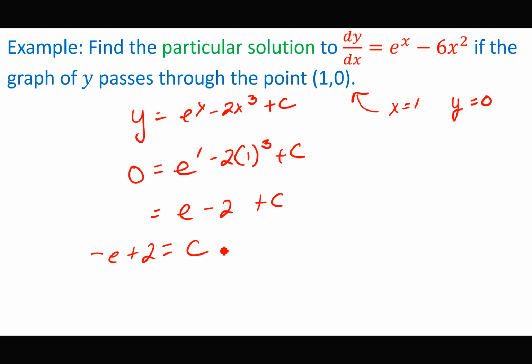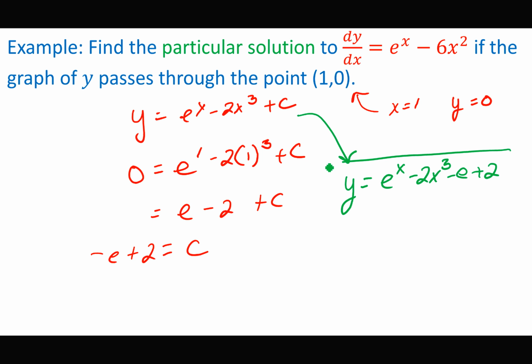Minus e plus 2 equals c. But now my particular solution, I'm going to jump from this step right here, and I'm going to say my particular solution is y equals e to the x minus 2x cubed minus e plus 2. That function right there will satisfy having a derivative of e to the x minus 6x squared. And if I put 1 in, I will get an output of 0.